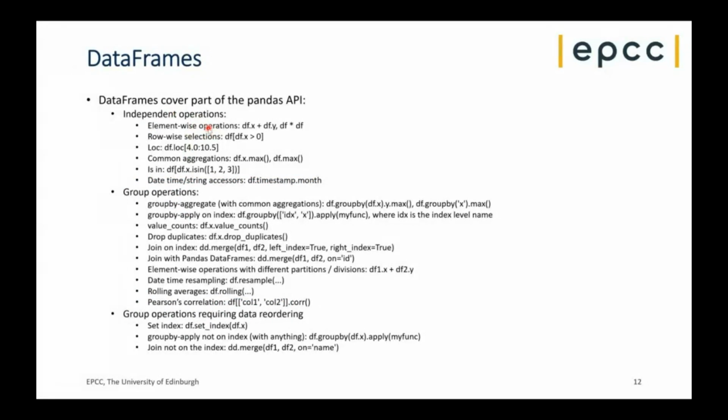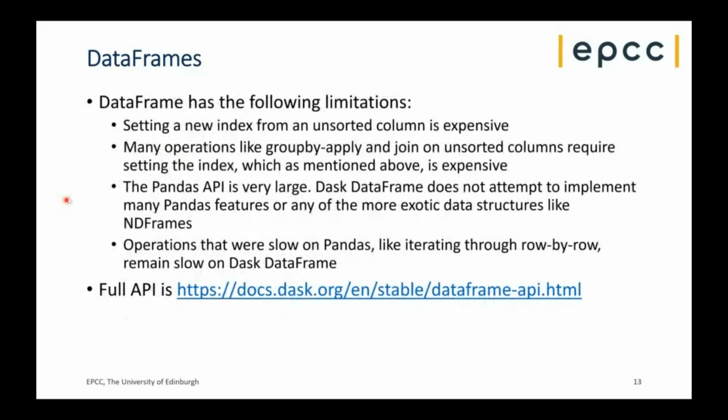You can do independent operations, so element-wise, row-wise, locations of data, aggregations, etc., etc. There's a whole bunch of group bys, drop duplicates, index, resampling, compute averages, do correlations across the whole data frames, and do some kind of reordering of things. So group by, set indexes and these kind of things.